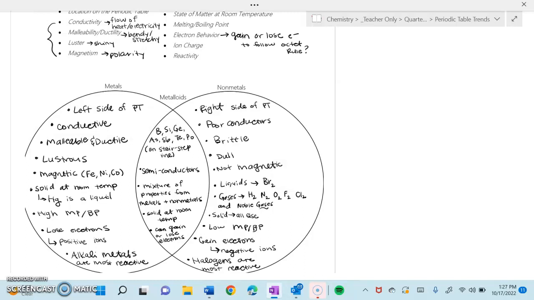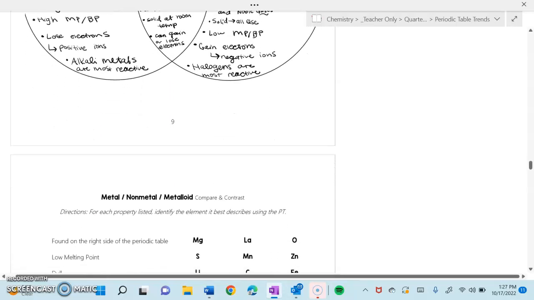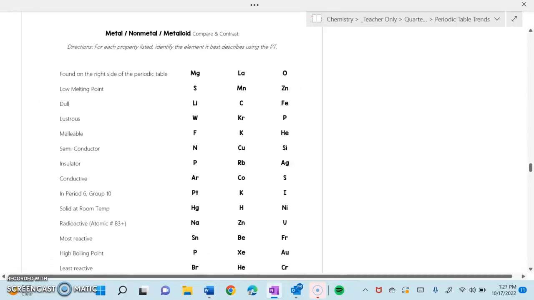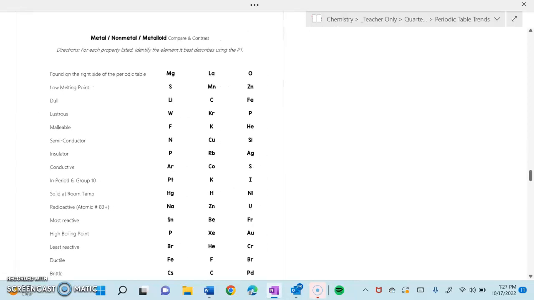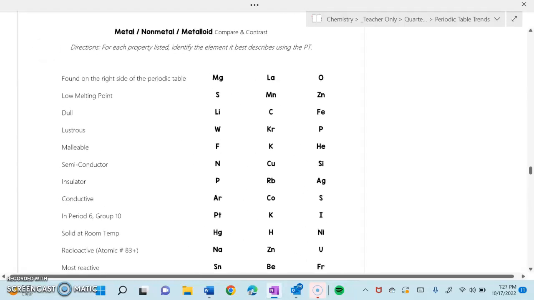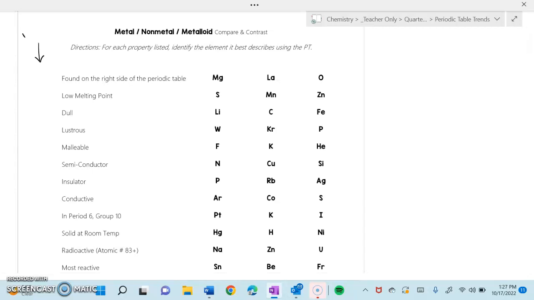There's our summary of the properties for metals, nonmetals, and metalloids on the periodic table. Flip to the back side and you'll have a compare-contrast list. For each property listed, we're going to identify the element it best describes using the periodic table. The best way to do this is over here on the left side, determine if it's nonmetal or metal or metalloid. I like to use that distinction to help me narrow it down on the right side.